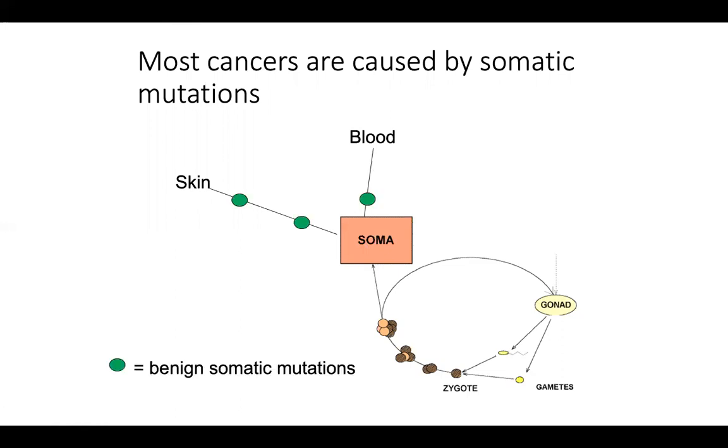And along the way, mutations will occur, and we call those somatic mutations, right? So just errors that happen during DNA replication. And some errors will be specific to the skin, others will be specific to the blood.